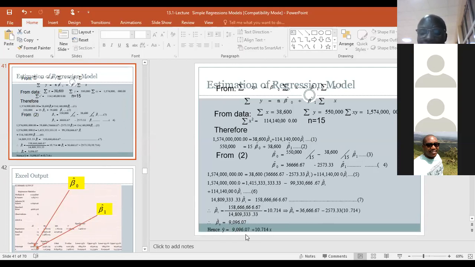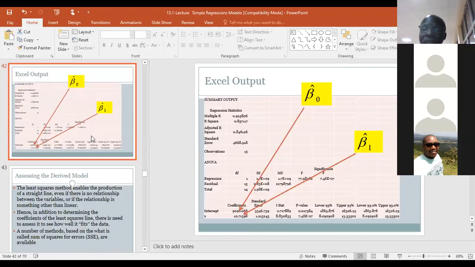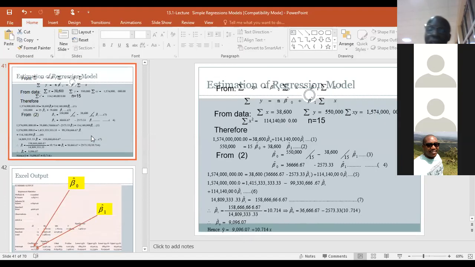Beta 1 is equal to 10.714. So when I come this side, I build my line: Y cap is equal to 9.096 plus 10.714x.